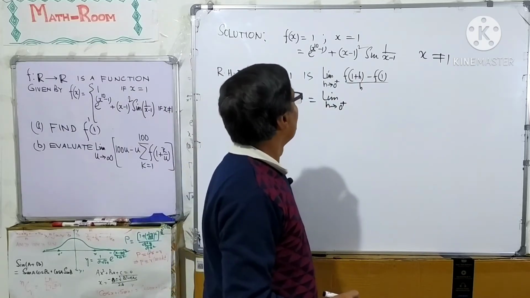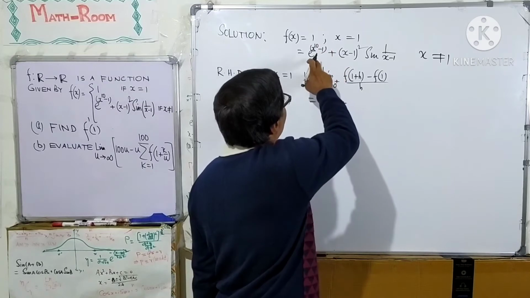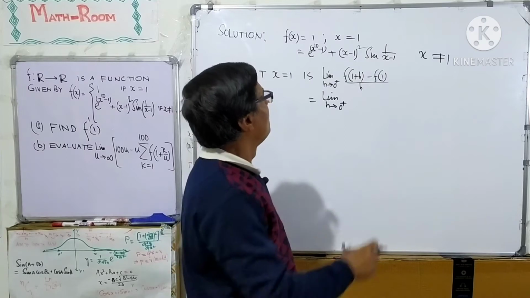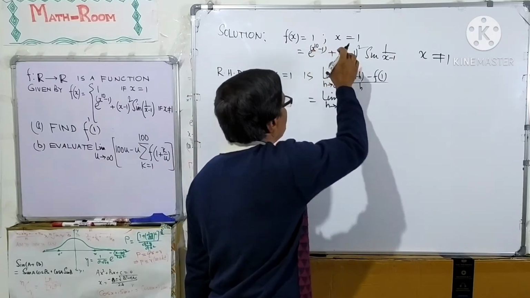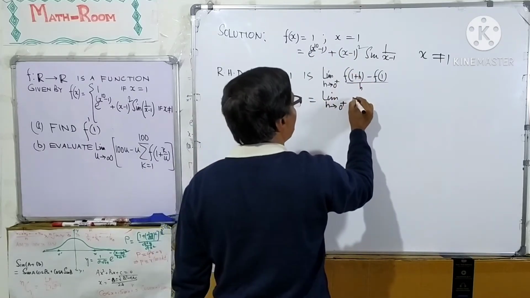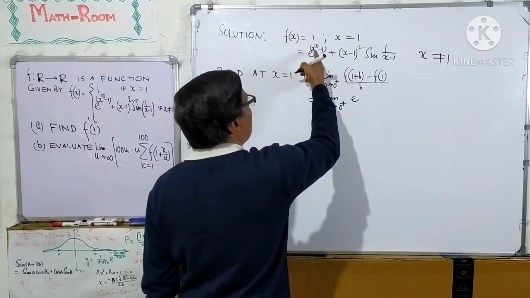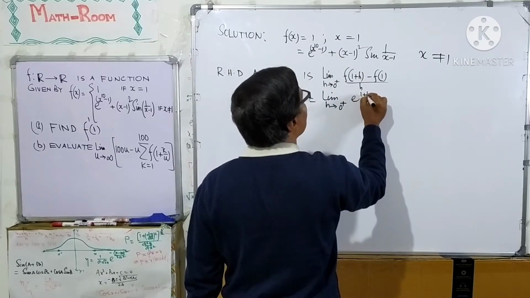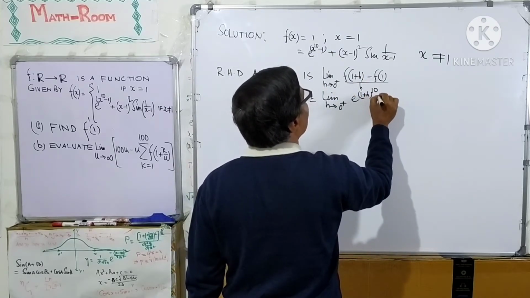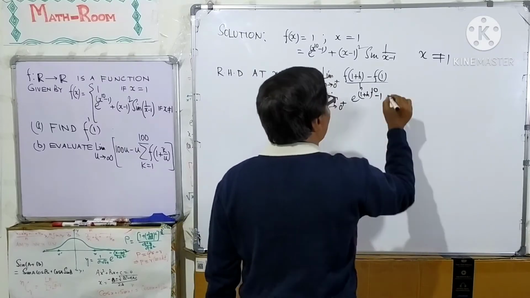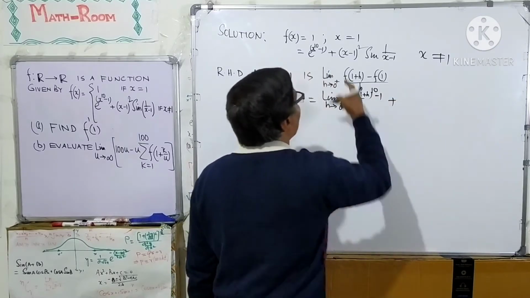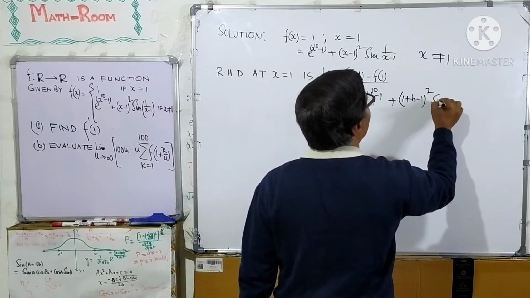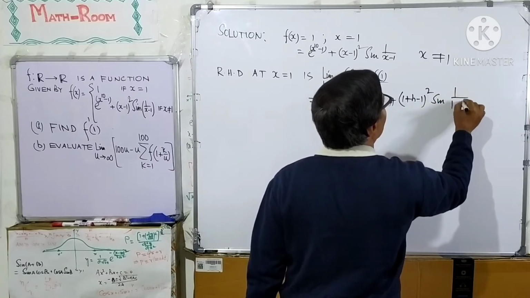We shall use the function as f(x) when x is not equal to 1. We choose the function as e to the power, and the functional value at x = 1 + h is e^((1 + h)^10 - 1) + (1 + h - 1)^2 sin(1/(1 + h - 1)).